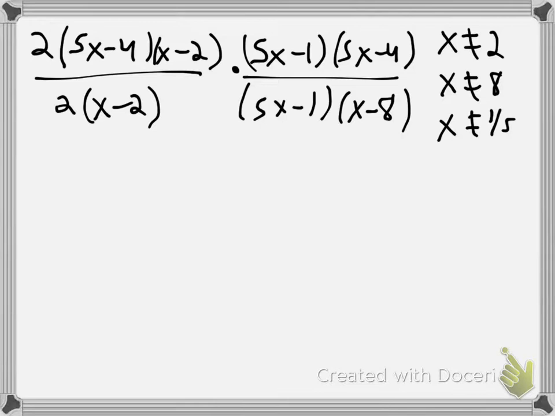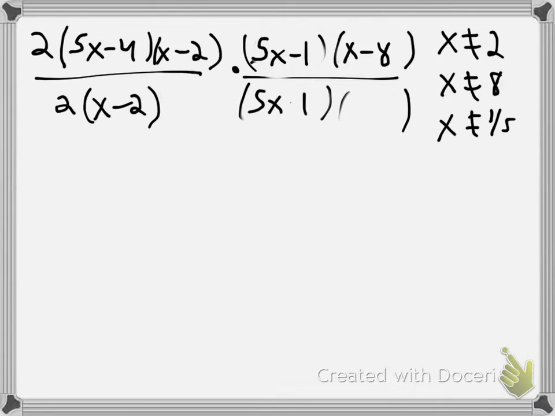And then I had flipped this to get my reciprocal to where I had 5x minus 1 and x minus 8 on the top, and 5x minus 1 and 5x minus 4 on the bottom.